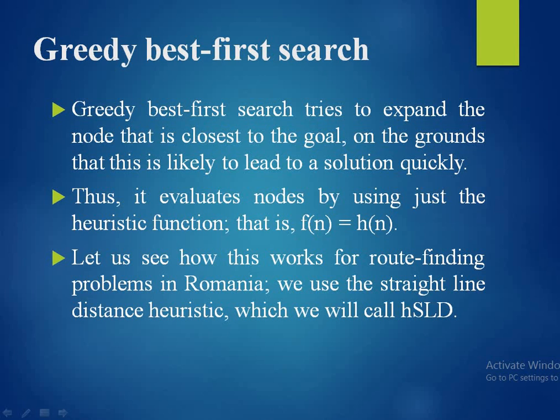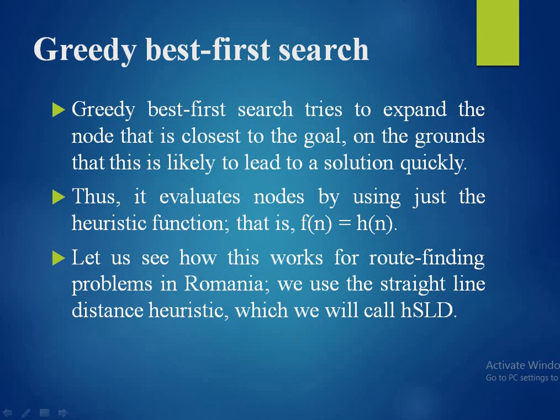Greedy best first search tries to expand the node that is closest to the goal, on the grounds that this is likely to lead to a solution quickly. Thus, it evaluates nodes by using just the heuristic function, that is f(n) is equal to h(n).